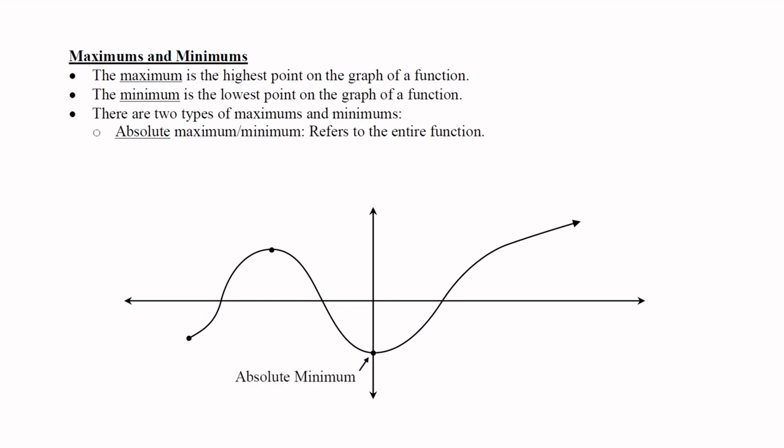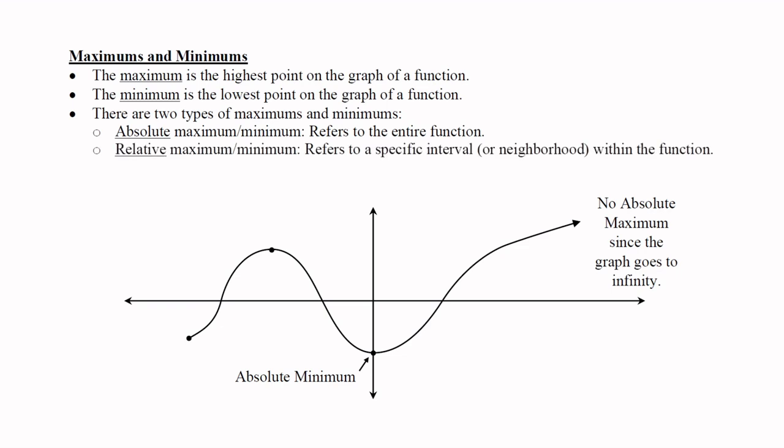So we have an absolute minimum here because this is the absolute lowest point on our graph. There is no point on this graph that is lower than this. However, there is no absolute maximum since the graph goes to infinity. Now, the other type is a relative max or min.